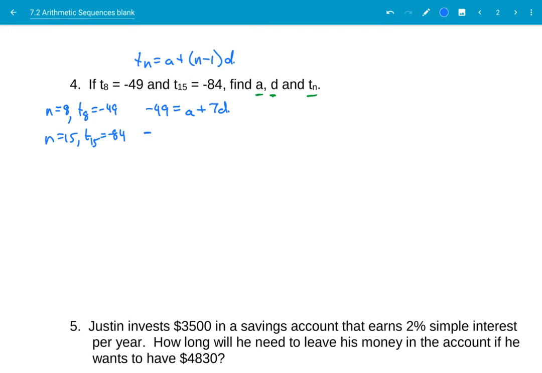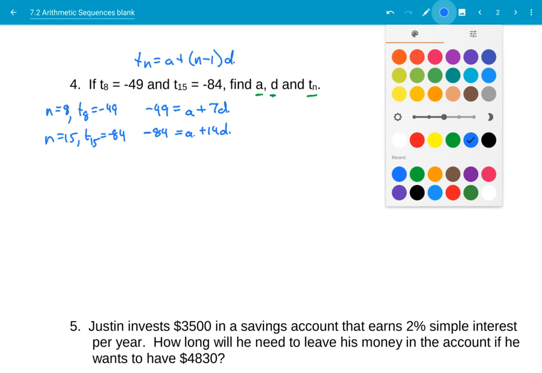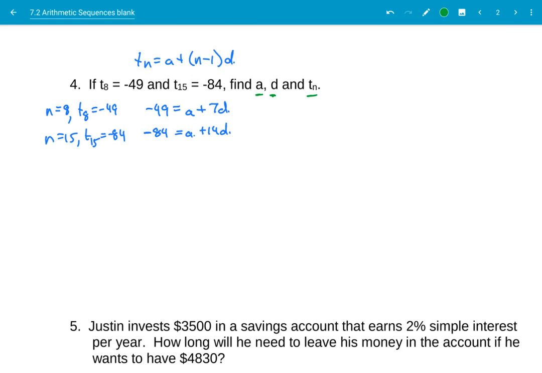Negative 84 is equal to A, n is 15, 15 minus 1 is 14, 14d. Now we need to solve this. So we're going to use elimination. Number these 1 and 2. I'm going to do 1 minus 2 gives us 35 is equal to negative 7d. D is then equal to negative 5.